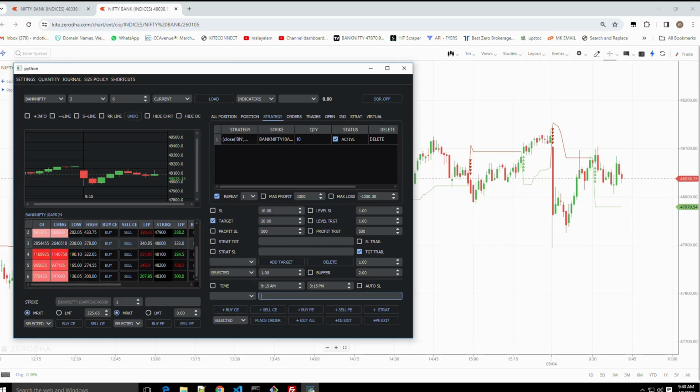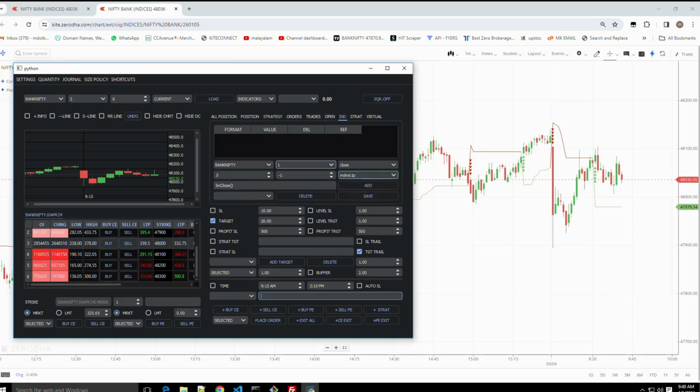First go to the indicator section and select close price. We get the close price of the previous candle, so the previous candle close should be below the current SuperTrend. This is our SuperTrend value.